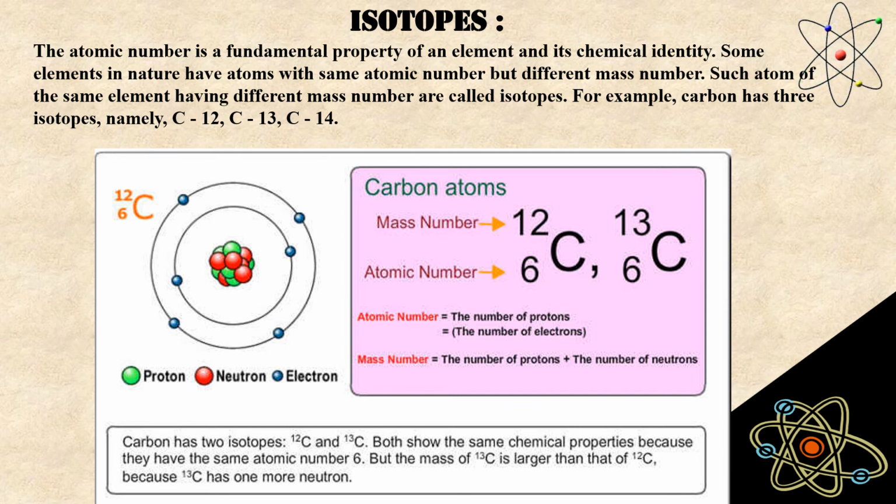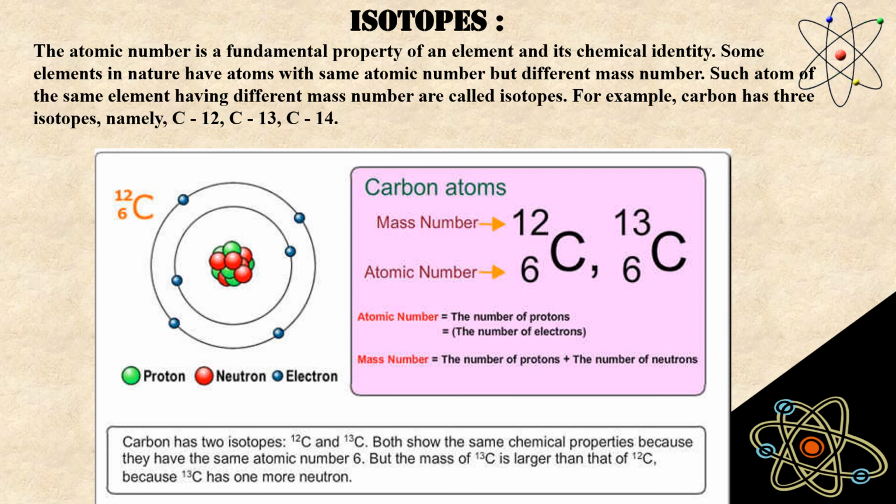For example, carbon has three isotopes, namely C12, C13 and C14. Okay, so carbon has two isotopes like C12 and C13. Both show the same chemical properties because they have the same atomic number, that is 6.